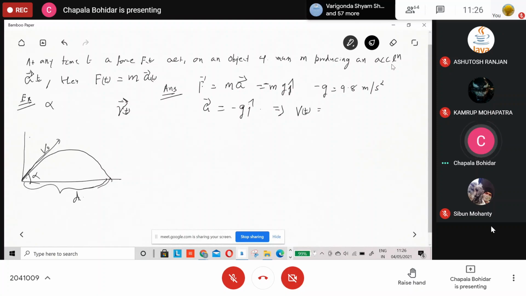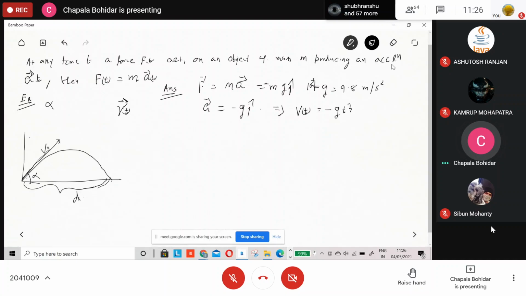This is your absolute value of A. Find out Vt. Vt is equal to minus, already done, 9.8 t, don't put that value. It is minus g t i cap.